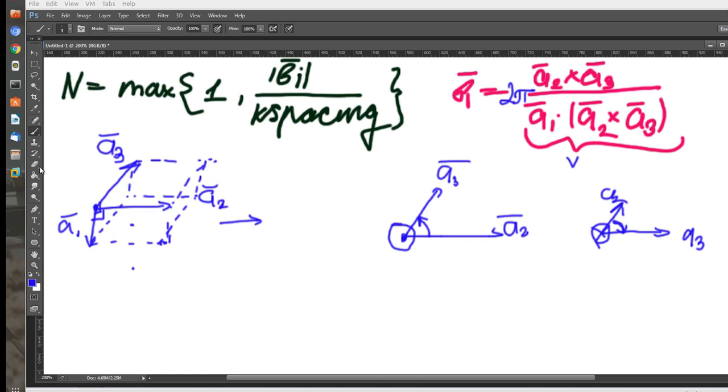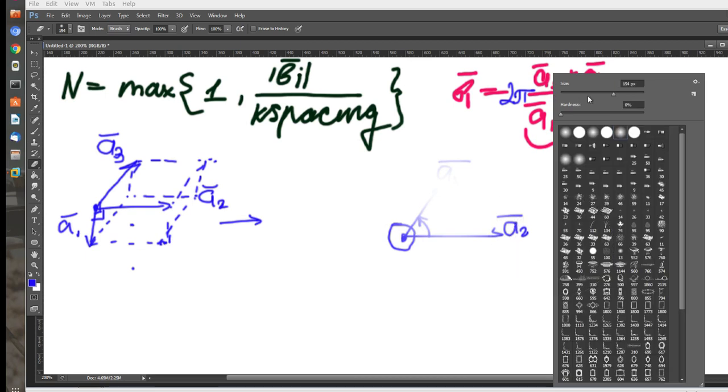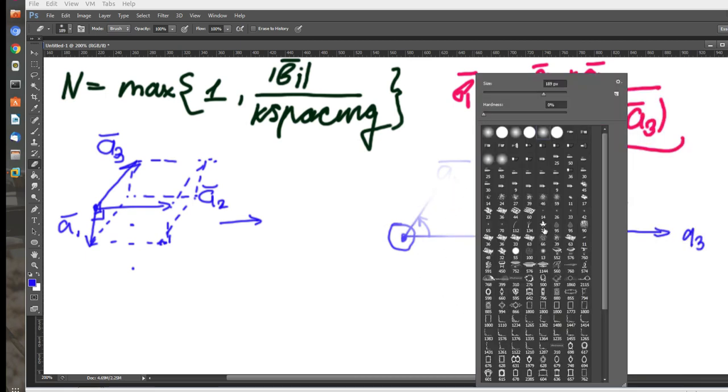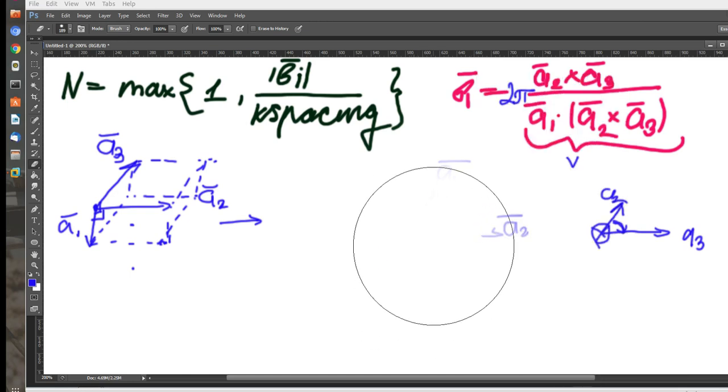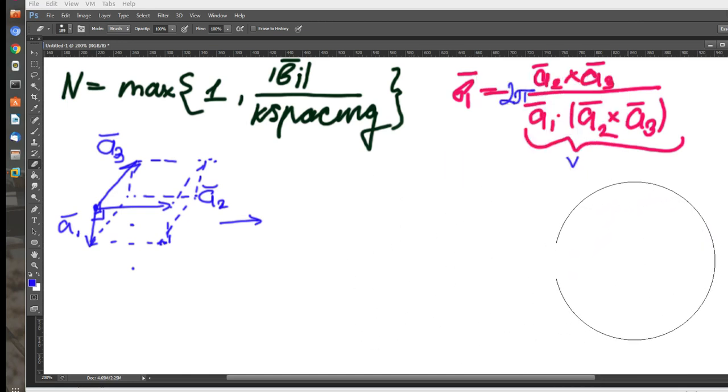And what happens if our vectors are larger than 2 pi? Absolute value of our vectors is larger than 2 pi.